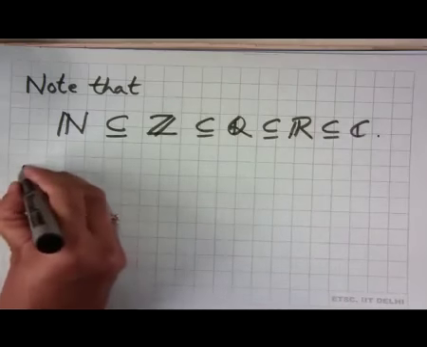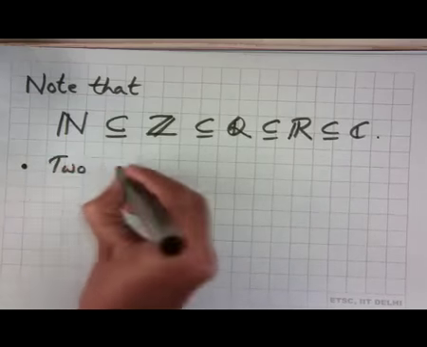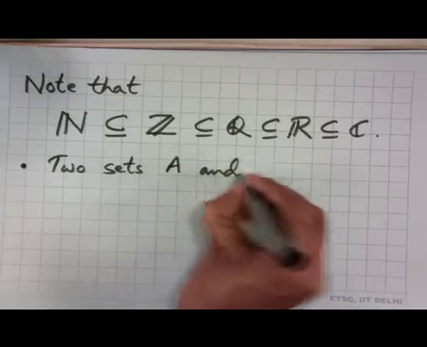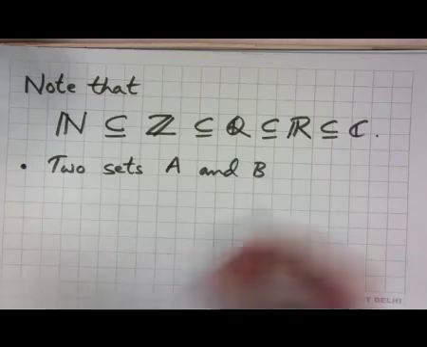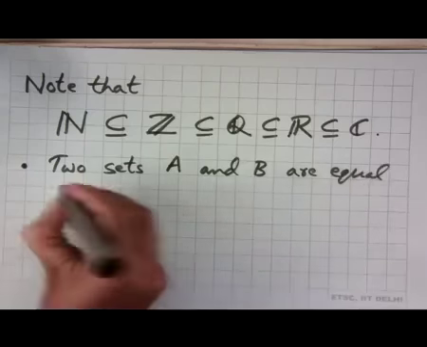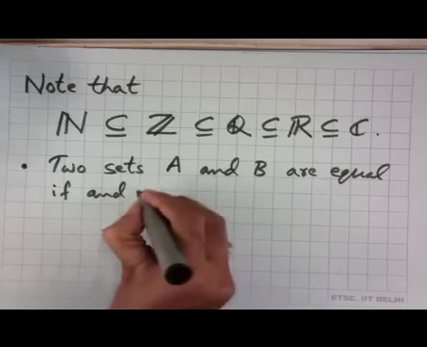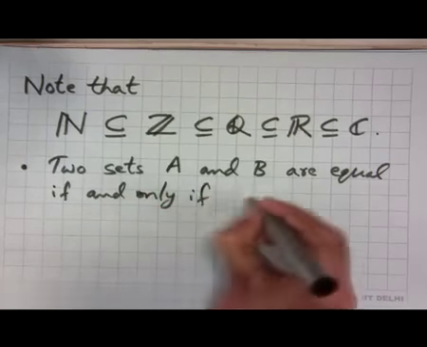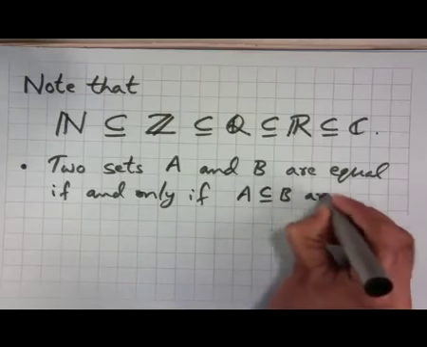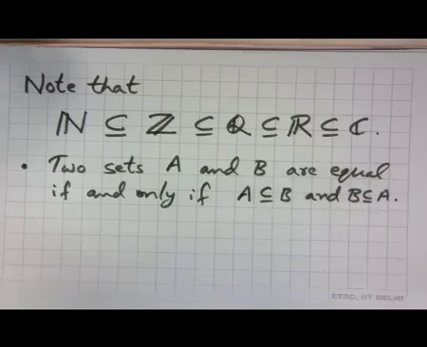Now, one important point is that two sets A and B are equal if and only if A is a subset of B and B is a subset of A, right.